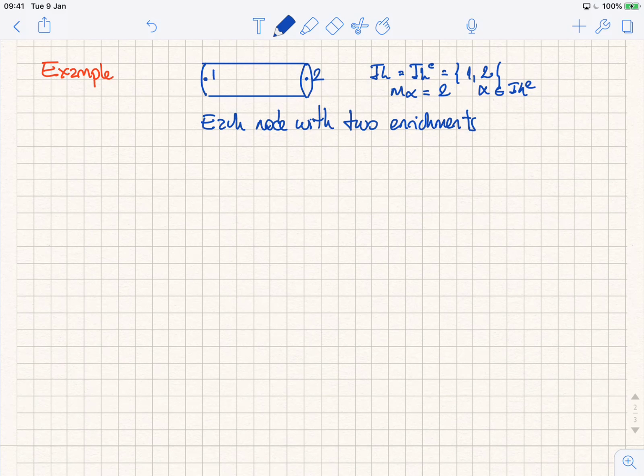Okay, so if we write our approximation, what we get is U(x) equal to the sum over alpha in the index set 1, 2. Remember that U hat is a notation that we chose to represent the standard degrees of freedom. The same thing here.